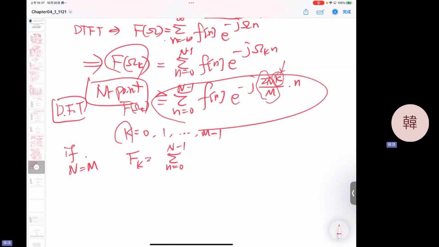All the other locations are padded by zero padding. So your M will become a power of 2, right? Why do that? Because we are going to use the fast Fourier transform. The DFT, the next step is the fast Fourier transform. Your algorithm will become much faster than your step-by-step calculation.